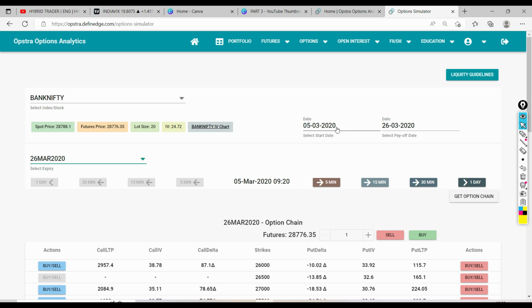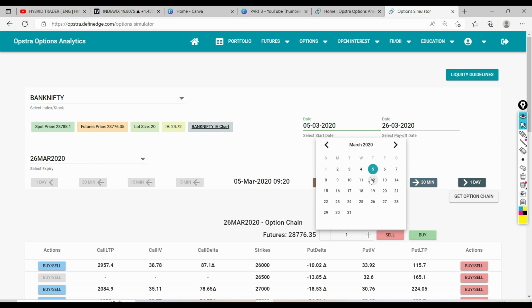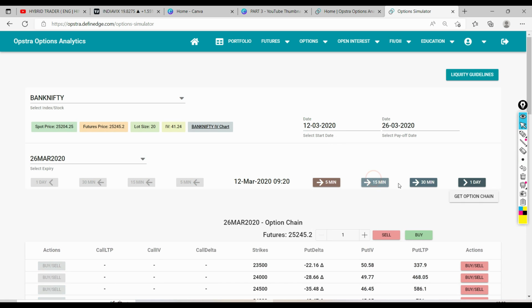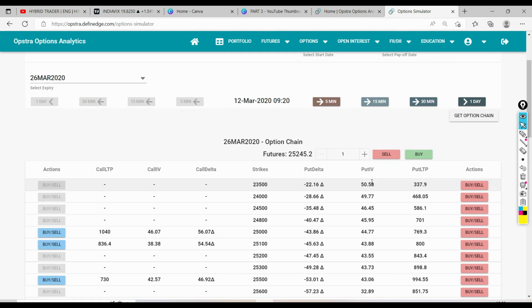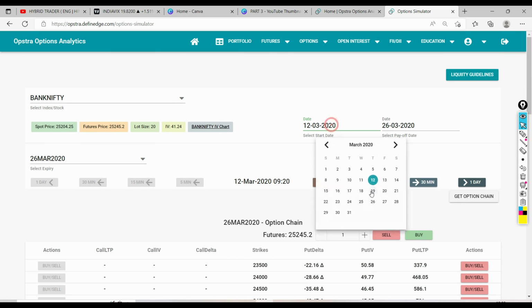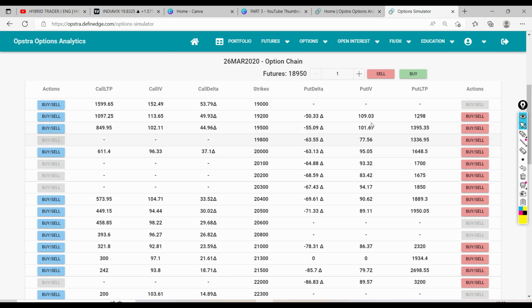Now let me take you to the 12th March. See, the IVs have spiked from 10, 12 to 30, and from 30 again to 50, 49. And what I'll do, I'll just try to increase, starting with 19th. Check the IVs: 109, 101, 77.